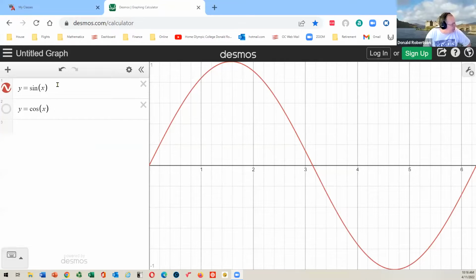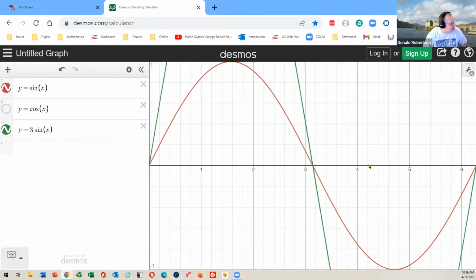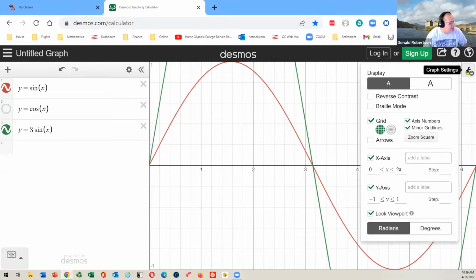Now, let's jump back to the picture and do some examples of changing the amplitude and showing you the effect of that. So I'm going to take the sine function, I'm going to copy it down here. And I'm going to change the amplitude to 3. I'll have to go back here now, unfortunately, because I went and fixed the axis.